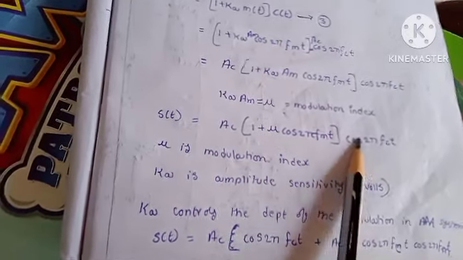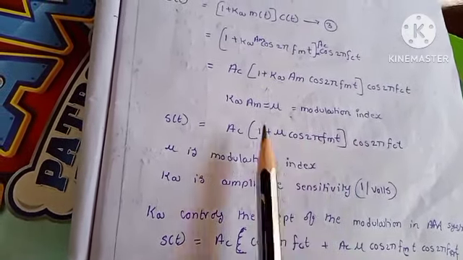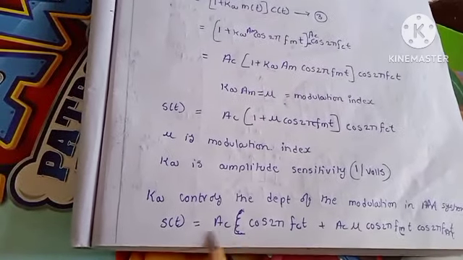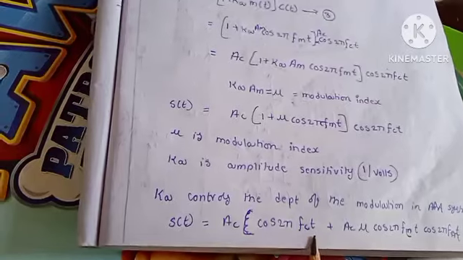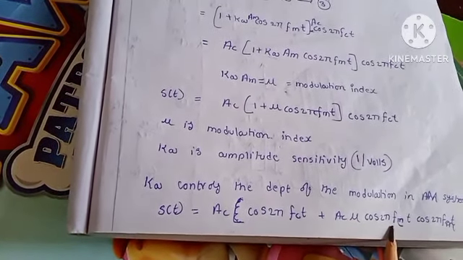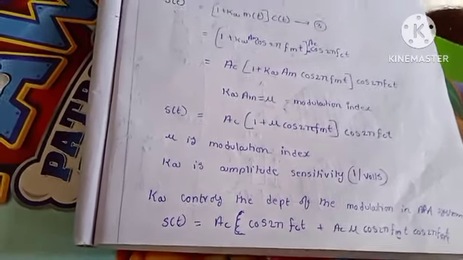Now let us multiply the cos 2 pi fc t term inside. After multiplying, we get Ac cos 2 pi fc t plus Ac nu cos 2 pi fc t cos 2 pi fm t.